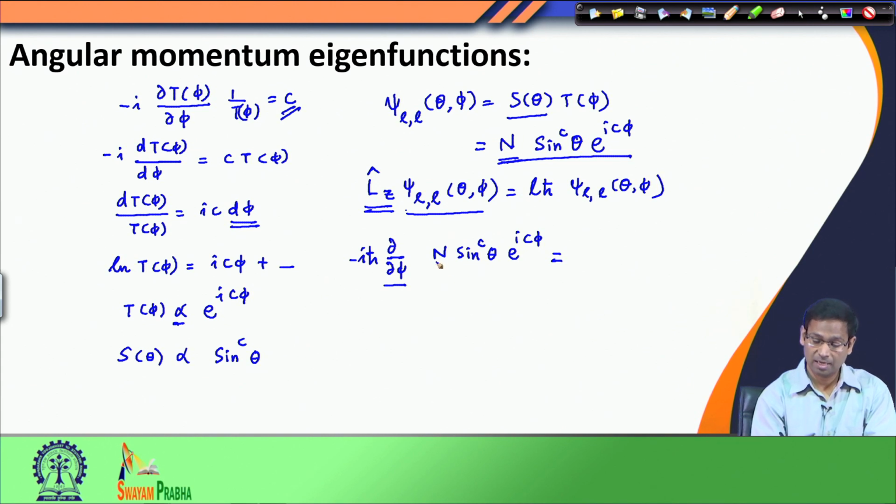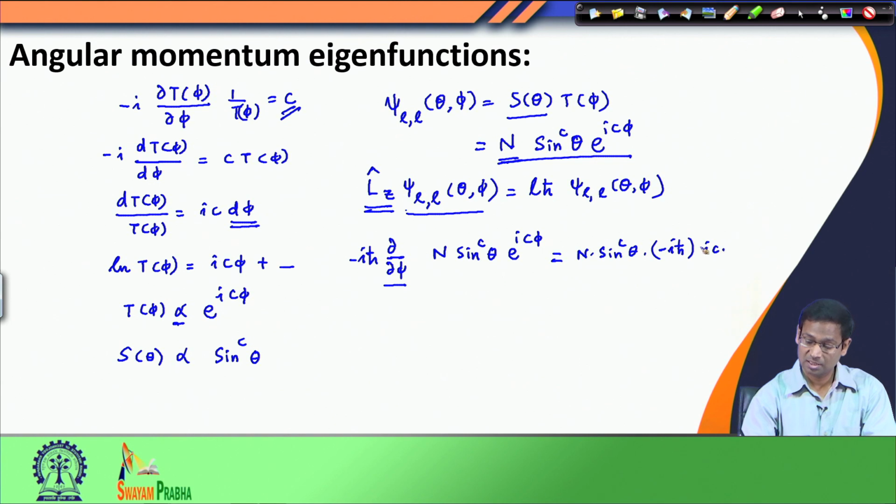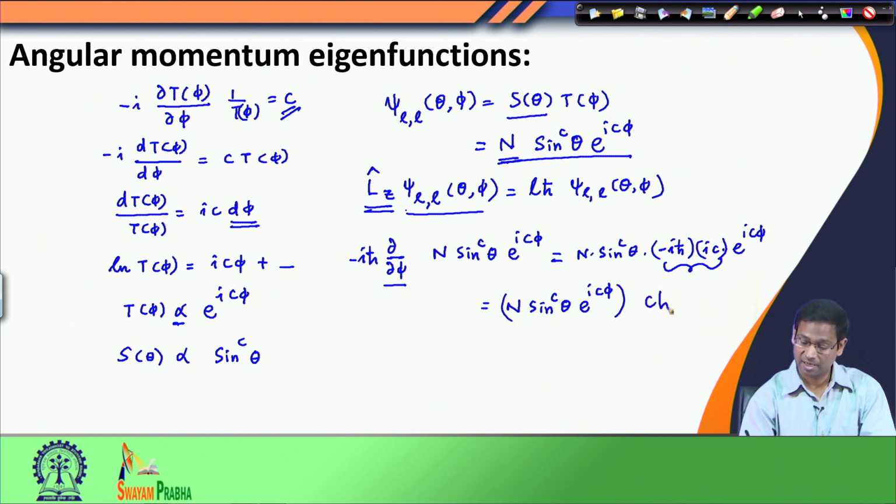So, therefore, the θ term and this N term will go out, and when I do this I would have N sine to the power c θ, minus iħ, and now I am differentiating e to the power i c φ with φ. So, I have i c and e to the power i c φ. I can rearrange that as N sine to the power c θ e to the power i c φ, and I am left with minus i times i, which is 1.